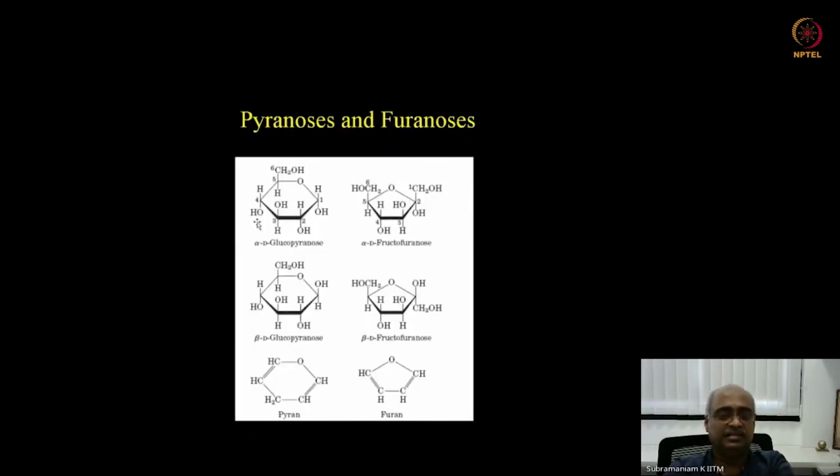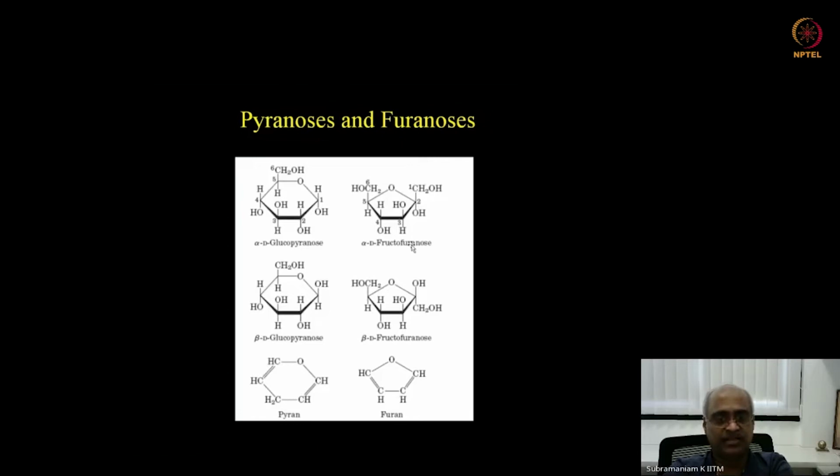And in this fashion, this ring structure resembles the organic molecule pyran, and therefore we call them pyranose. So the proper chemical name for glucose is alpha-D-glucopyranose. So now you know why it is alpha, why it is D, and why it is pyran. And similarly, the keto sugars resemble furan, and therefore they are furanose.